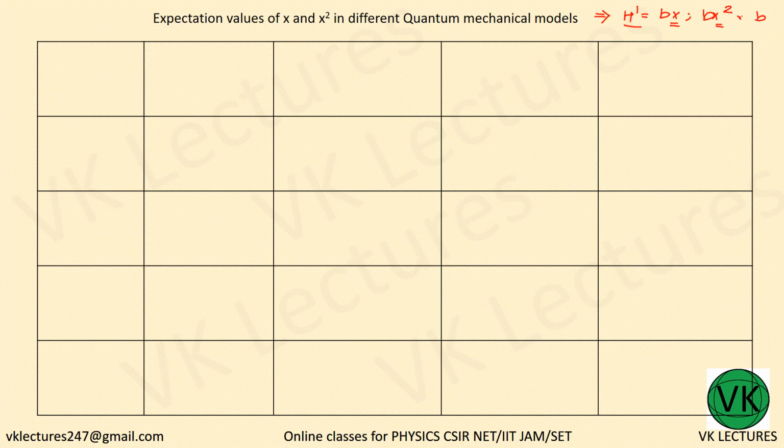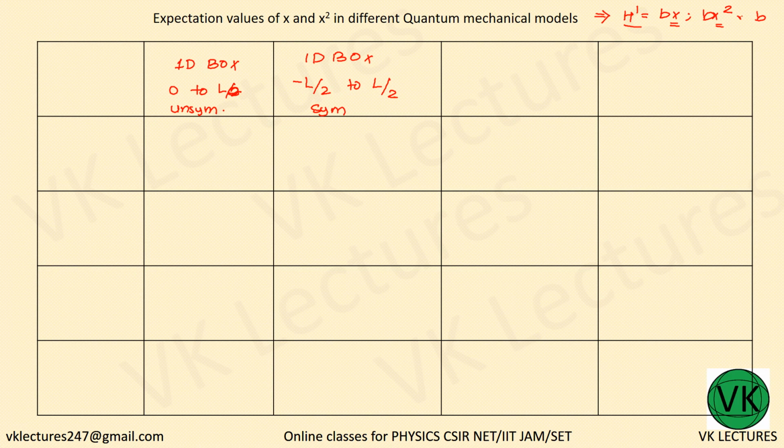For H dash, if the perturbation is bx, then we have different models. Some models are the one dimensional box, 1D box from 0 to L, then another 1D box from minus L by 2 to L by 2. The first one is an unsymmetric box. This is a symmetric box, symmetric with respect to 0. The wave function will also be symmetric.